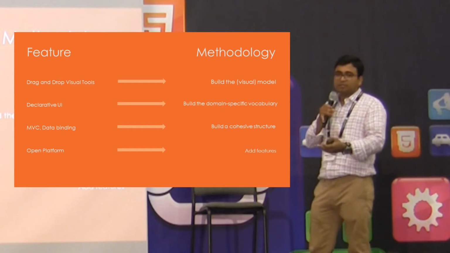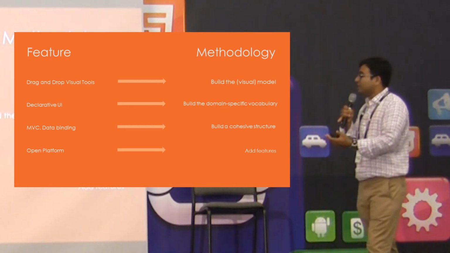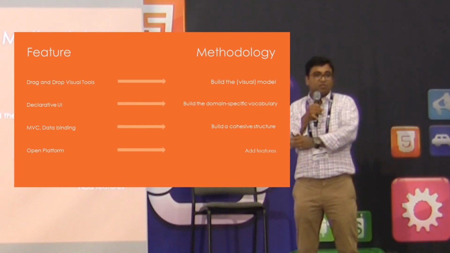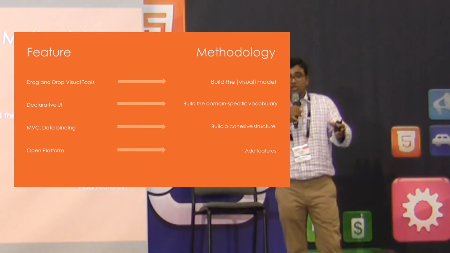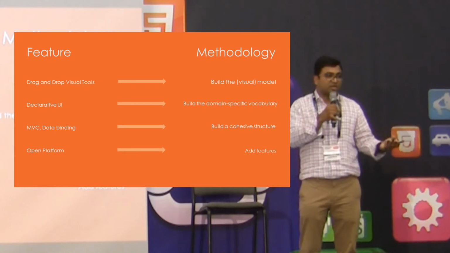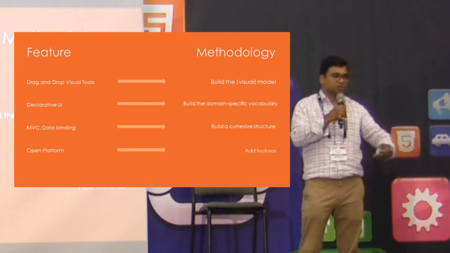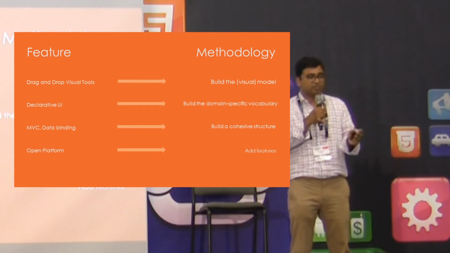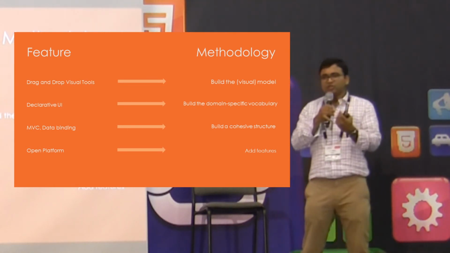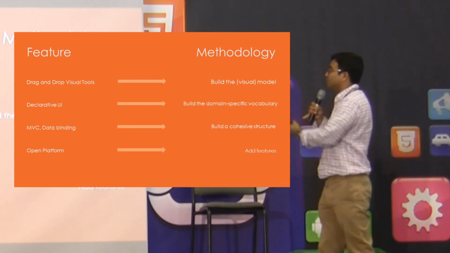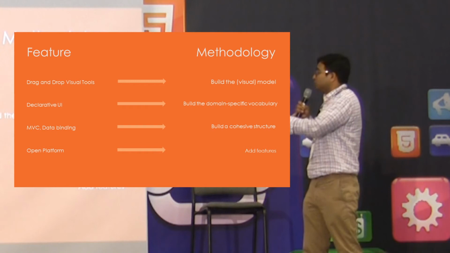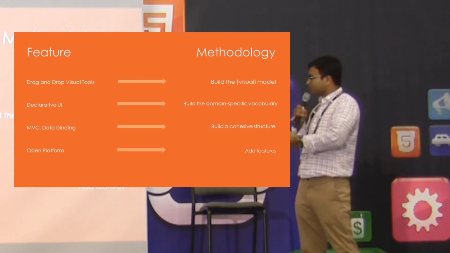Once we have the model, then we build the domain-specific vocabulary. We notice the patterns in the UI, we notice the UI elements that belong together. We started off by interpreting our domain concepts, say, university, course, subject. We interpreted those concepts on the UI, and now we notice these patterns, and we extract those patterns out and build the domain-specific vocabulary that includes not just the data, but also the UI associated with it.